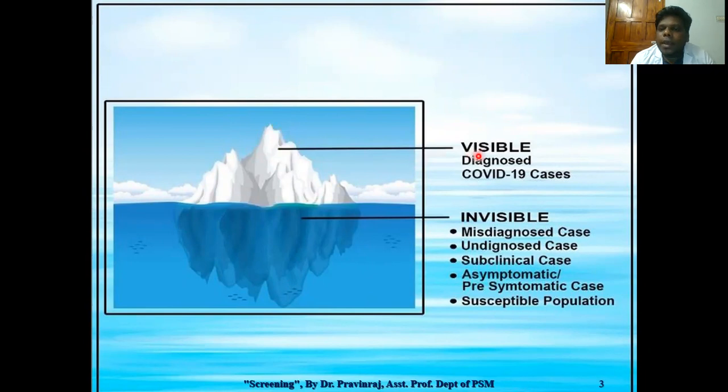They are the visible part of the community who are having disease, whereas this is the submerged portion where we are not going into the community to check for misdiagnosed cases, undiagnosed cases, subclinical cases, asymptomatic or pre-symptomatic cases, and we also have carriers. These are the invisible cases because we are not going into the community and checking. For that reason, we have something called a screening test.